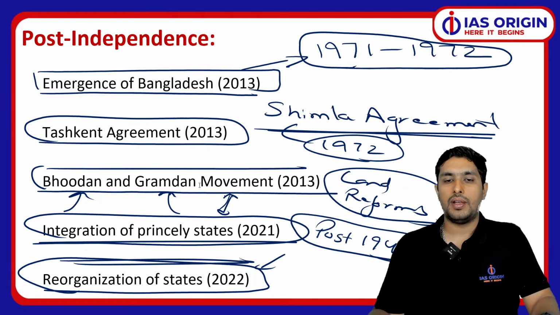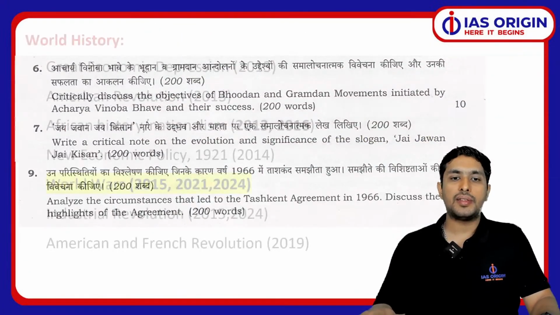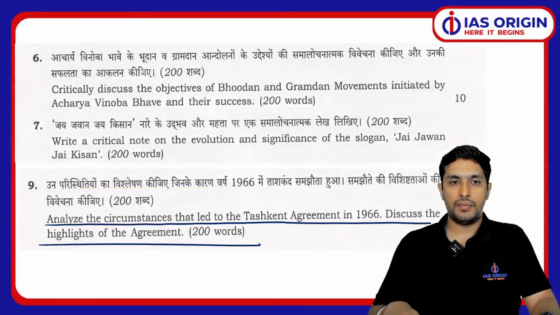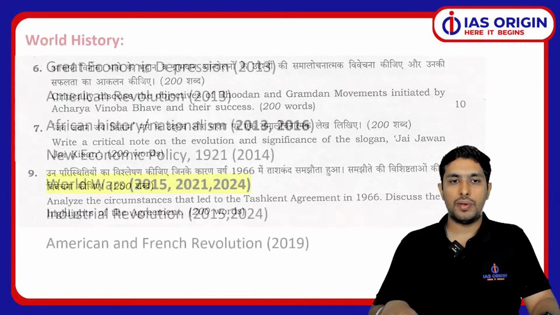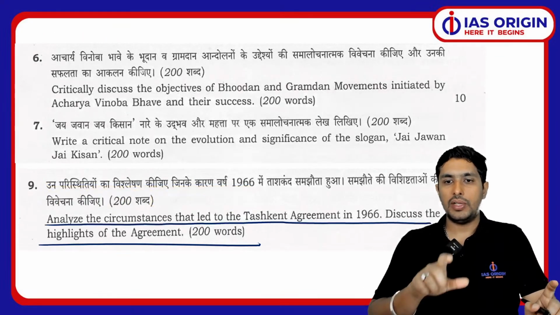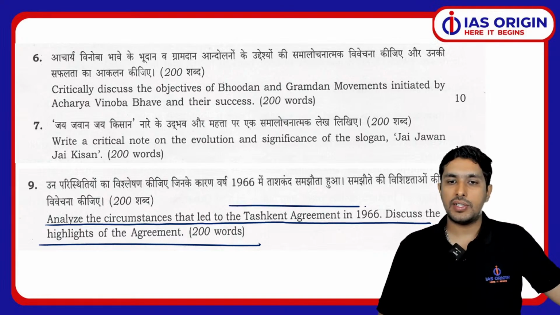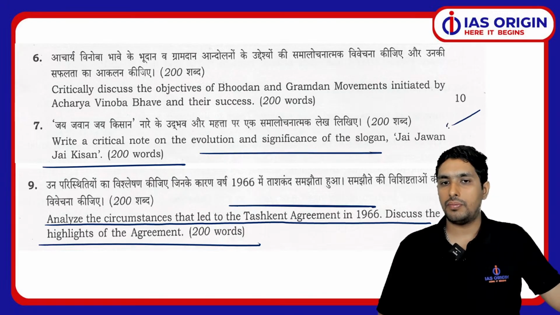That is important. Now, having said that, moving ahead, let's talk of world history as well. When I talk about world history, we do talk about a very important point. But before that, let me just show you one thing. Now look, in this question we had the Tashkent Agreement, and before that we had the slogan Jai Jawan Jai Kisan.